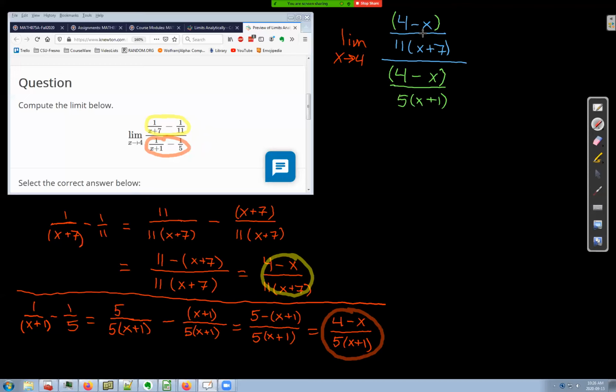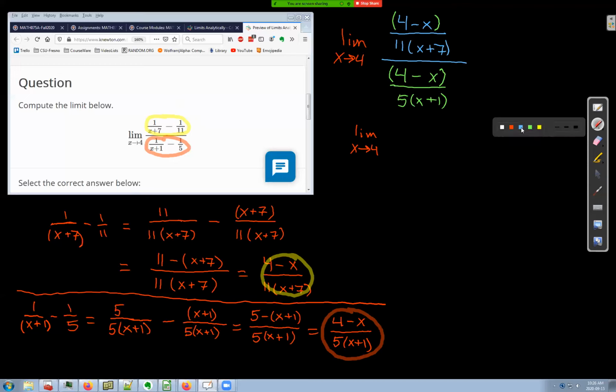Okay, so now you've got a fraction in the numerator and a fraction in the denominator. And great, we know how to simplify things like that. If you have a fraction divided by a fraction, that's the same as multiplying by the reciprocal of the denominator.